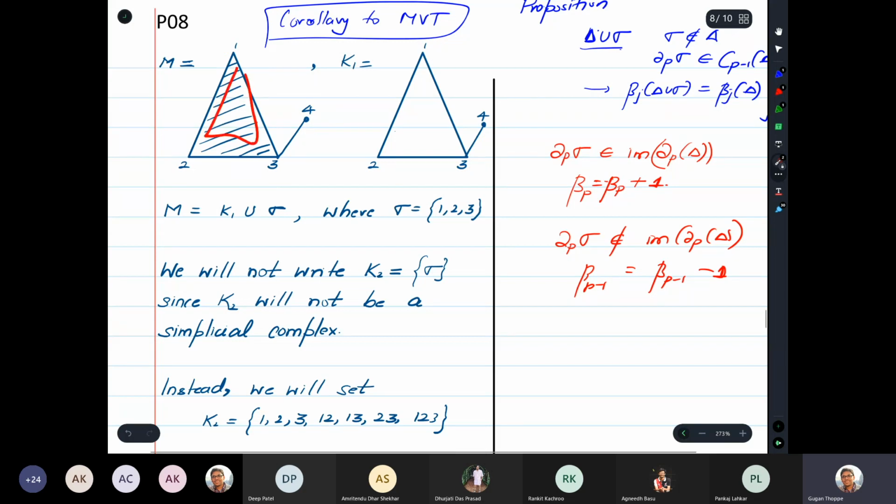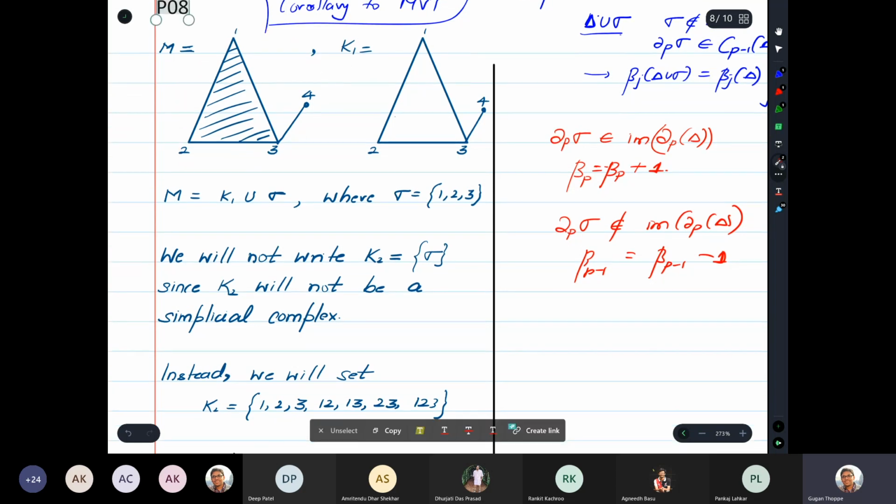So this triangle, once you add to K1, I hope you agree you get M. The relation between M and K1 is that to K1 you add this triangle, and once you add this triangle you end up with M. Is this okay? Our goal is to figure out, if I add this triangle to K1, how does the Betti number of M relate to the Betti number of K1?